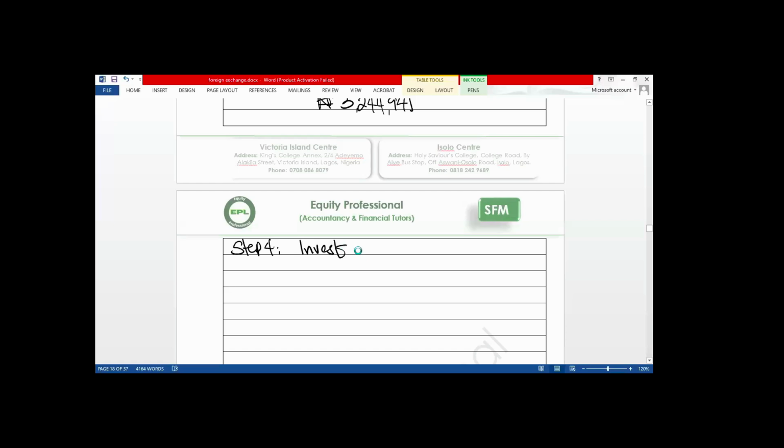Invest the Naira equivalent in Nigeria money markets for 3 months.